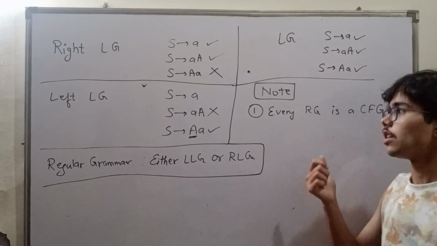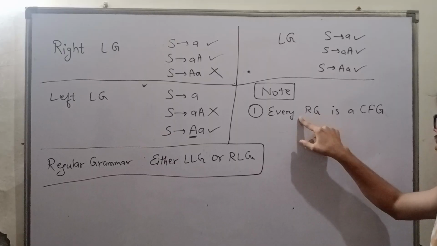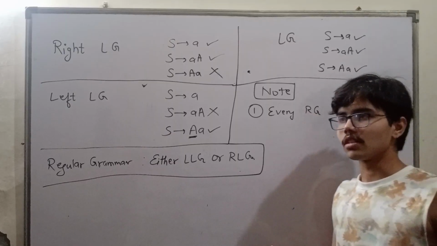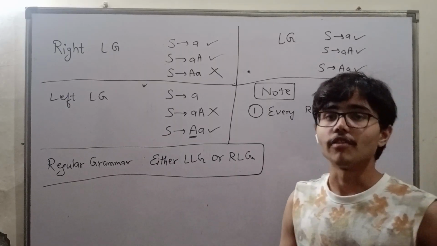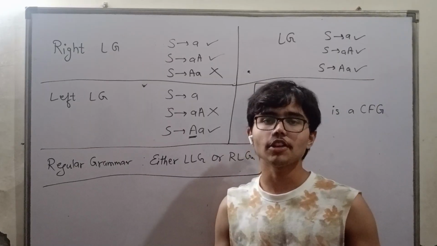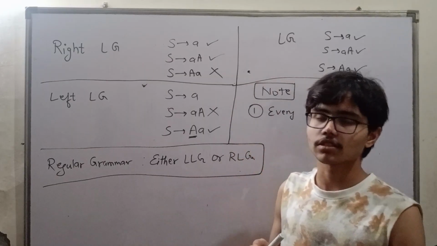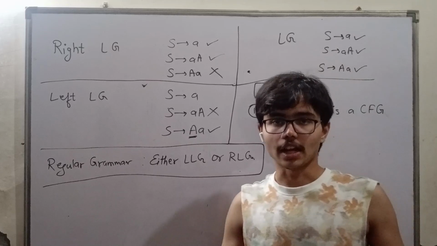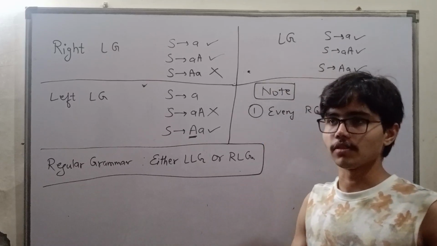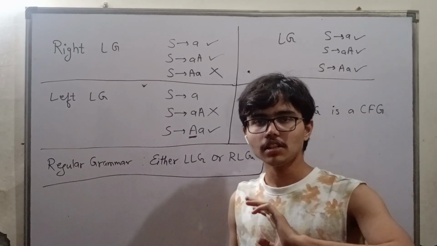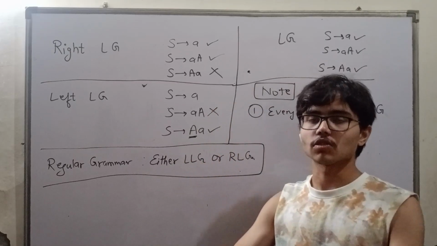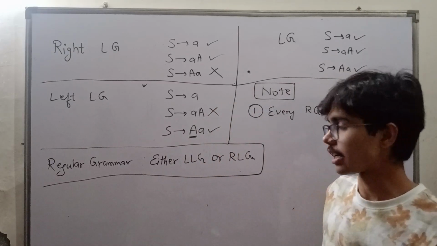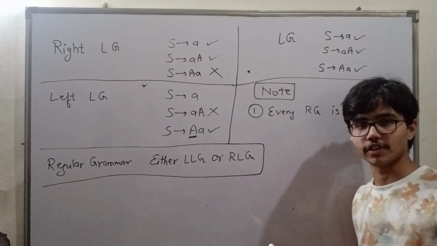Yes or no? Regular grammar is a context-free grammar. When we study PDA, then you can answer these things more efficiently, as we also convert DFA to PDA. Then you will think, yes, we have solved this question, and we can analyze it in a more efficient way.